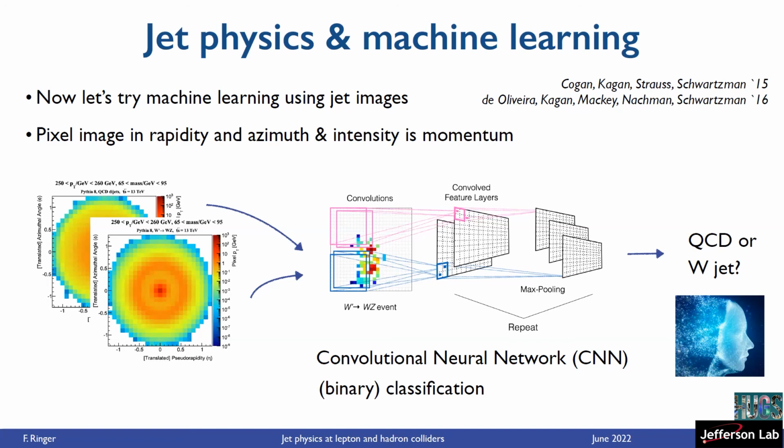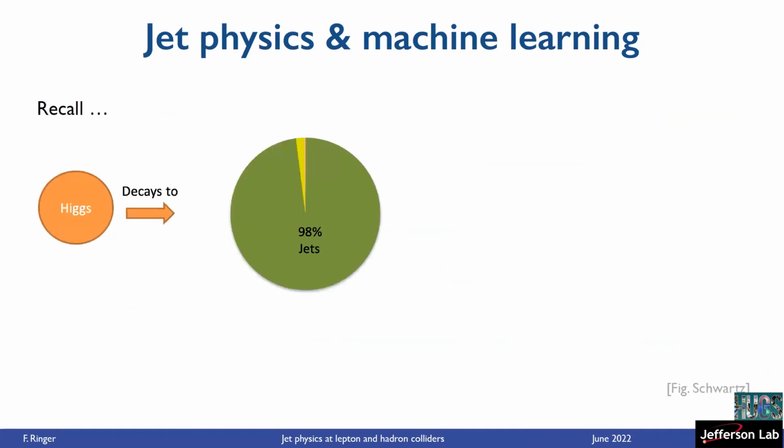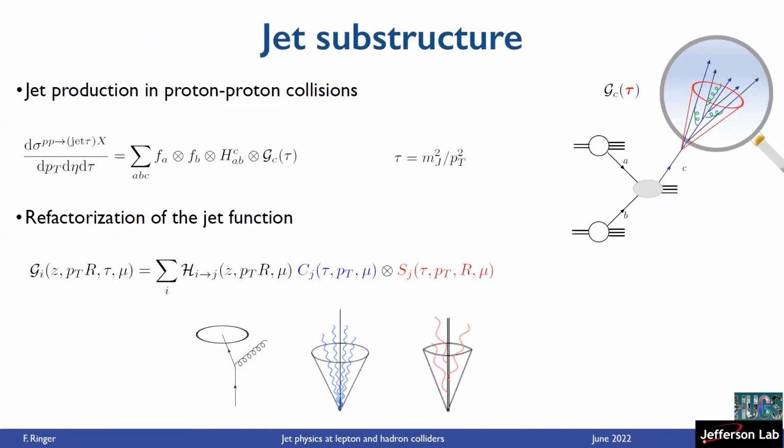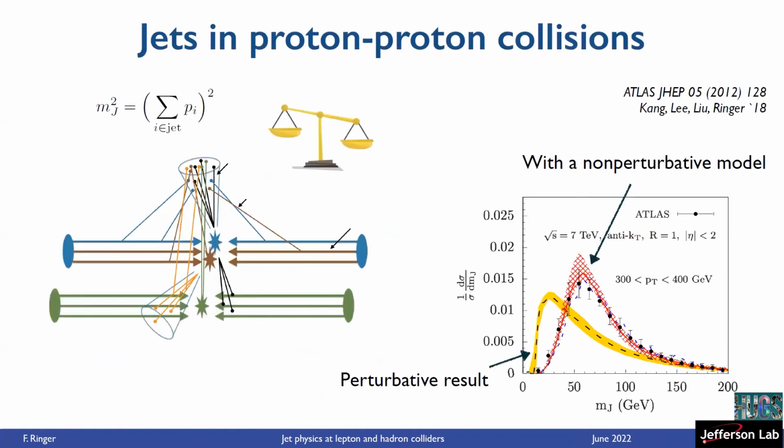I don't think I really talked about non-perturbative physics, or at least not much. For example, the jet mass distribution that I talked about, right? There's this shift going from the purely perturbative result to the one that includes non-perturbative effects and all these other things that are shown on the left. And so at the EIC, you can actually study this in a very clean way.